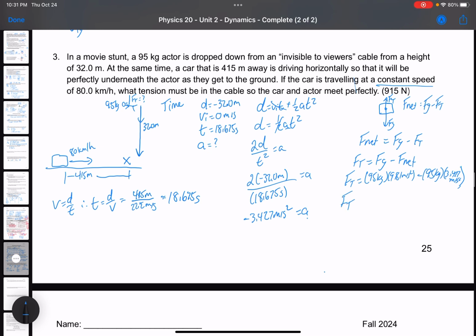So let's see what we get. Okay, and I got 606 newtons.